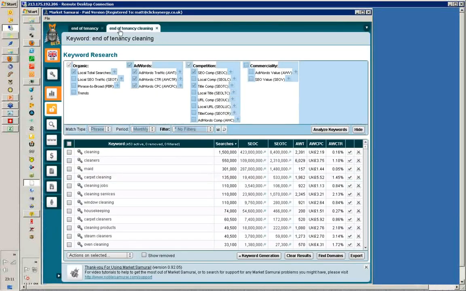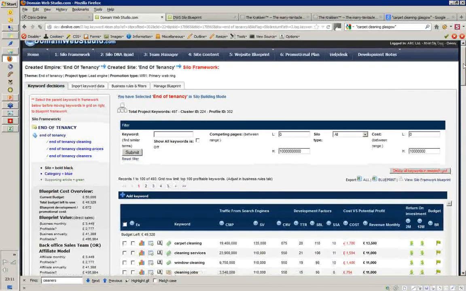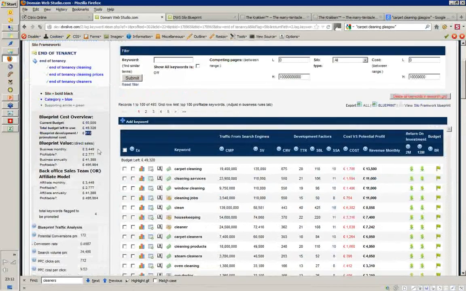Right, so end of tenancy cleaning, we've sort of got that covered. We've seen here with our keyword grid that there's not much space over here. But looking at what we've got at the moment under our budget, our developer cost, we're only going to spend £672 on this, but monthly, once we pay off our debt, we're going to make roughly £3,499 a month just off those keywords, based on the conversions, which is pretty good considering.